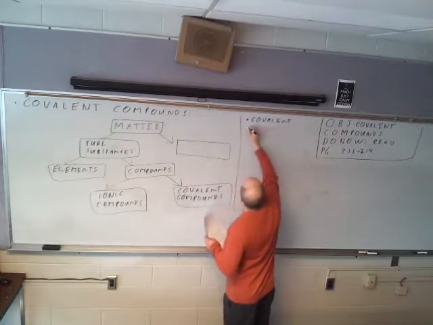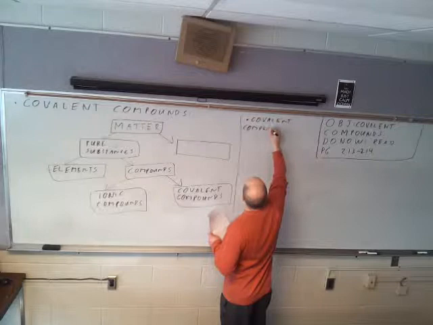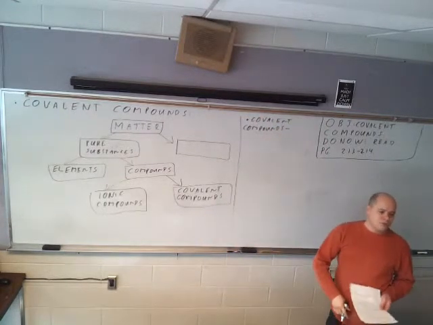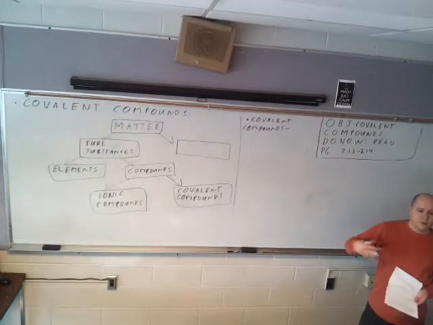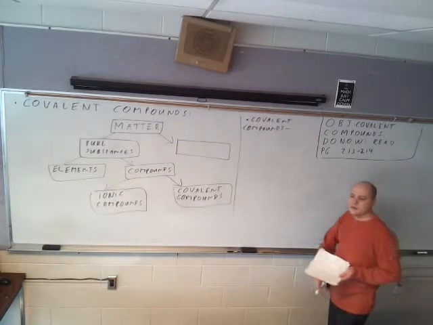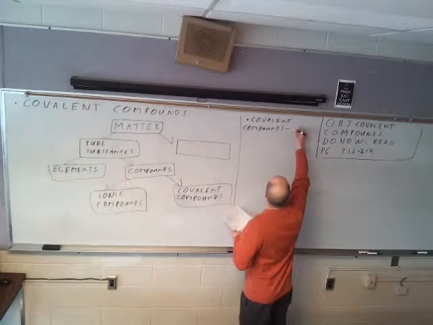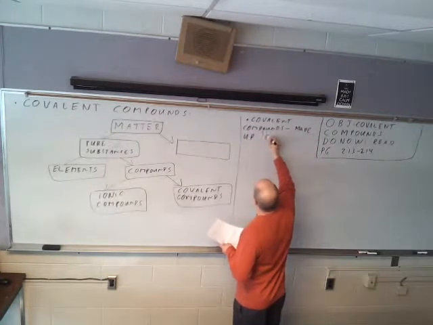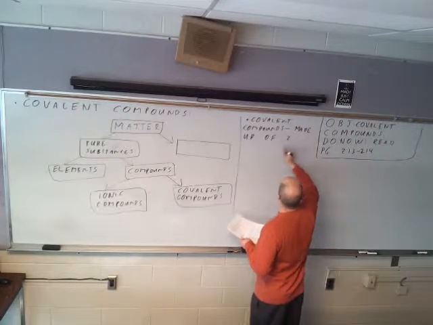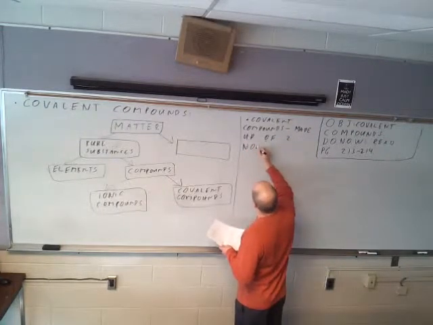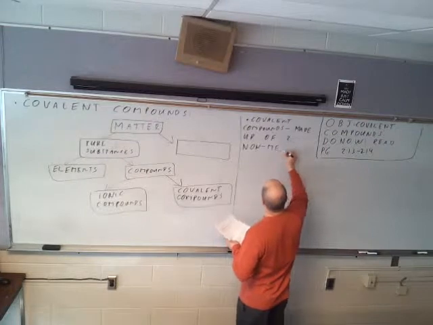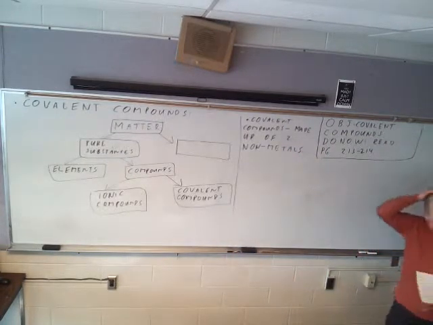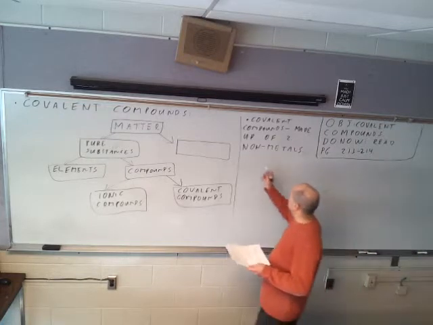I didn't leave myself much space. Compounds. So ionic compounds were what? They were compounds made up of a metal and a non-metal. So covalent compounds are made up of 2 non-metals. If we had 2 metals, that would just be an alloy, so I'm not going to bother talking about metals.